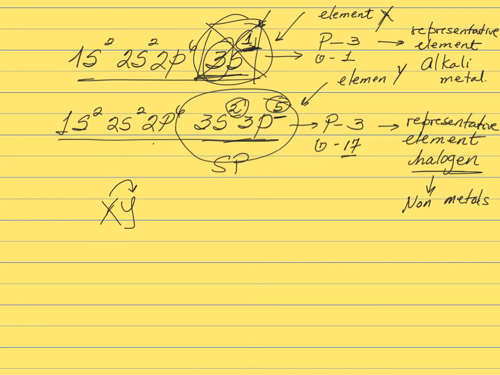X is going to lose the electron, while Y is gaining that electron to form a compound. And that's why all of this is important, because all these periodic trends are going to explain the bonding between elements. X has less ionization energy than Y. Consequently, Y, since it has more electronegativity, is going to be able to steal that electron that is needed in the p orbital from the X element. And that's how compounds are formed.